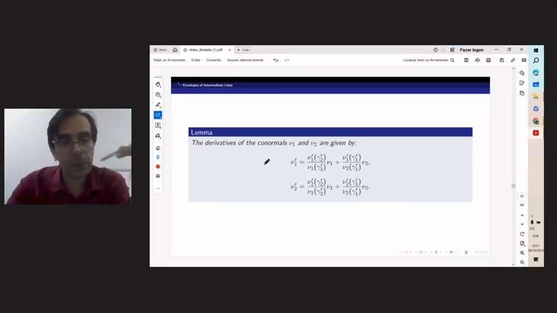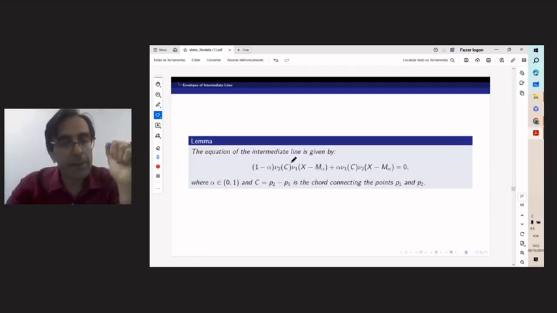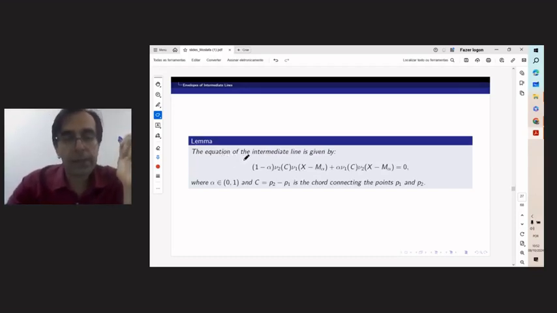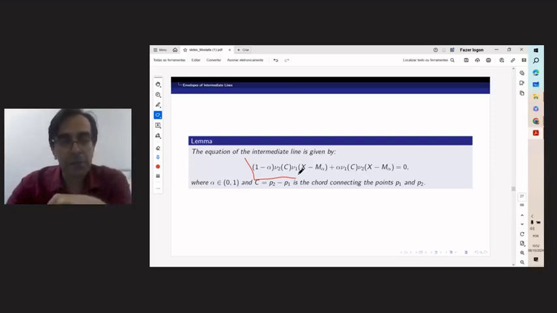So in this lemma, we simply calculated the derivative of conormals with respect to the parameterization around the point. And then this is the equation of the line, the intermediate line, the line which passes through the intermediate points and the intersection points.